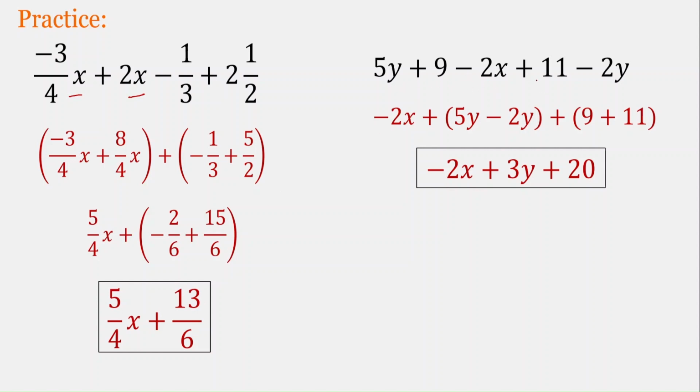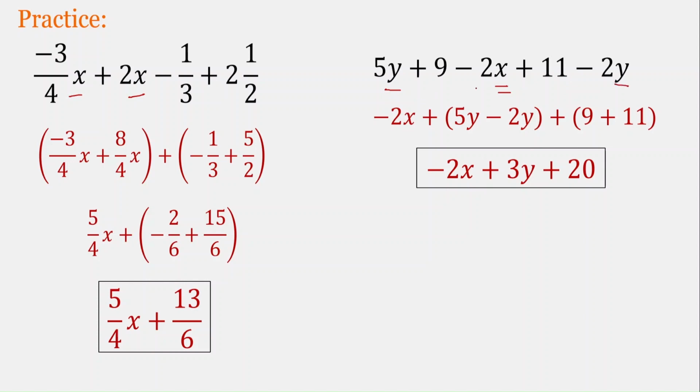And then for this fourth problem, we do have 5 terms. We have 5y plus a numerical term minus 2x. Now that's different. We have an x here and a y there. Those are not like terms. Plus another numerical term and then y.